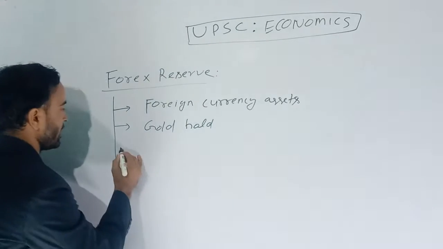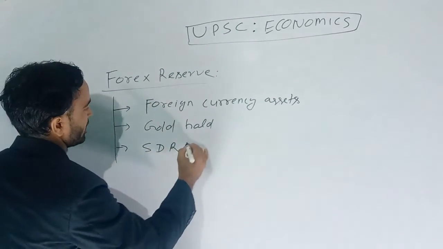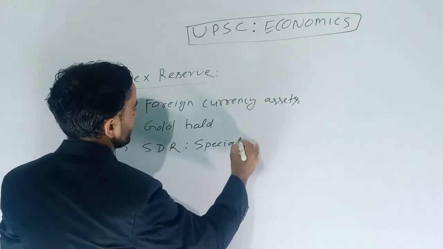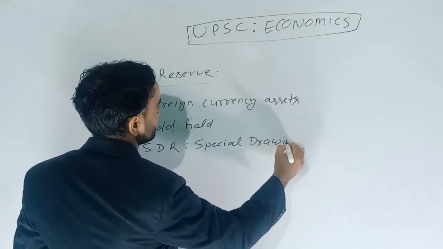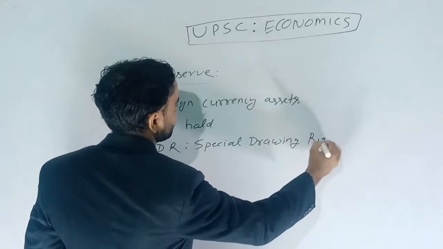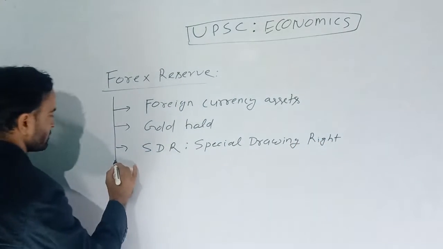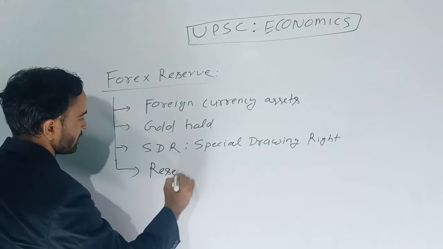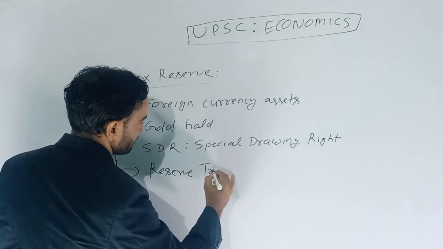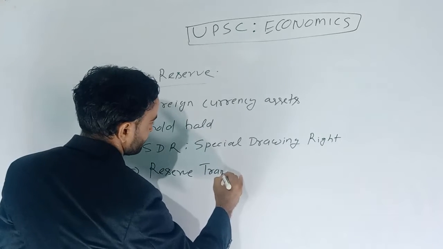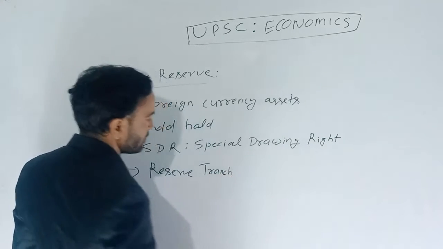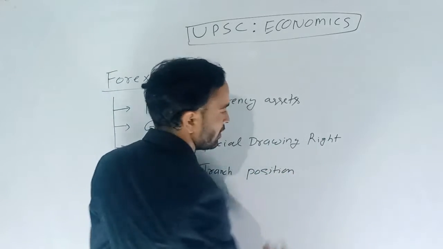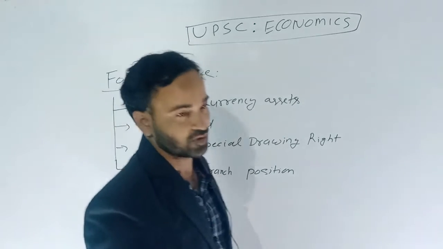Third component is SDR, that is, Special Drawing Right. And the fourth is reserve tranche position, RTP.